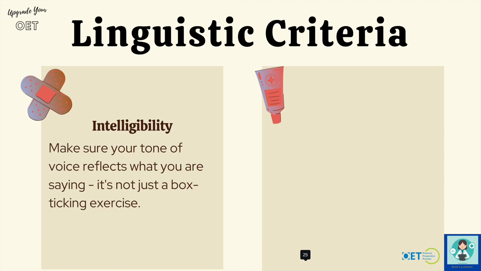If you're asking the patient, is it okay to move on to the next part of the consultation, make sure again you're doing that for a reason. It's not just ticking that criteria, which of course you have to do, but make sure your voice carries the same meaning. So don't just be formulaic, don't just be generic. Use your voice to modulate what you're saying effectively.